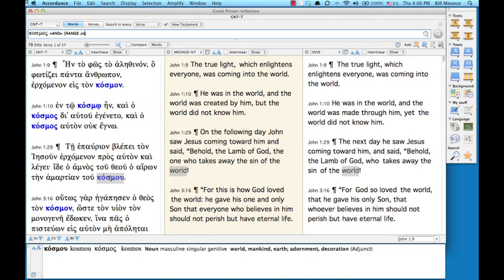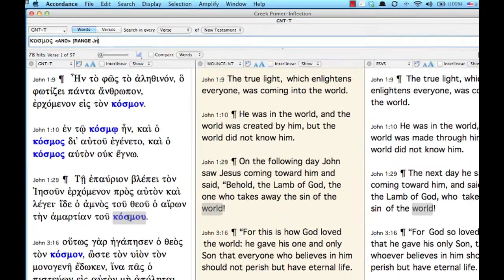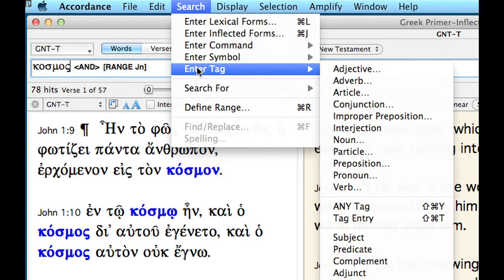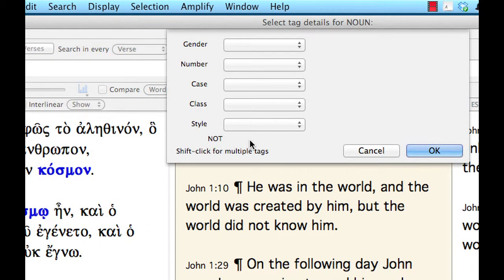Well, let's do one more thing in this search. I want to limit the search to just the form cosmos. In other words, I want to find every time in the biblical text that the actual lexical form occurs. I'll show you the shortcut for doing it. Go up under Search, go down to Tag, and choose Noun, since cosmos is a noun. And what I want to do is I want to limit the search just to the nominative.